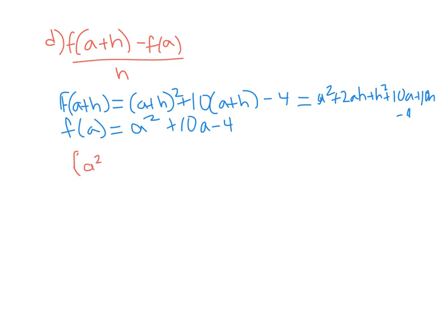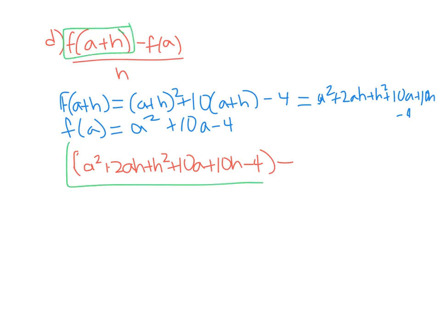So I'm just going to write everything out. So this part right here that I just wrote down, that is my f of a plus h. I'm going to next put in my f of a.